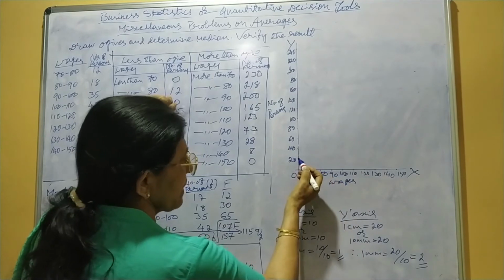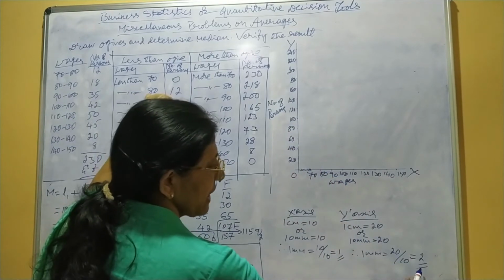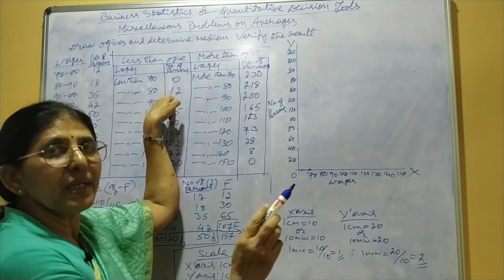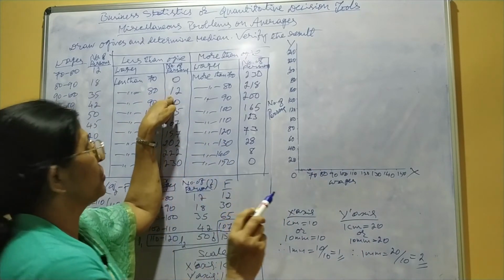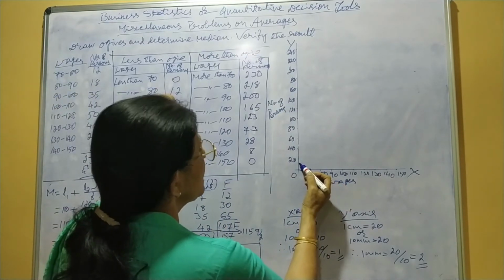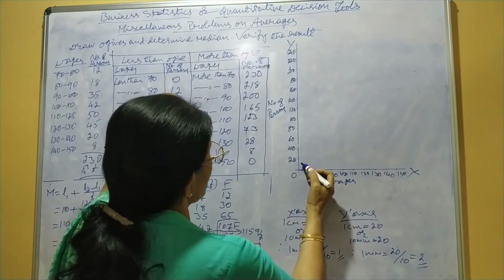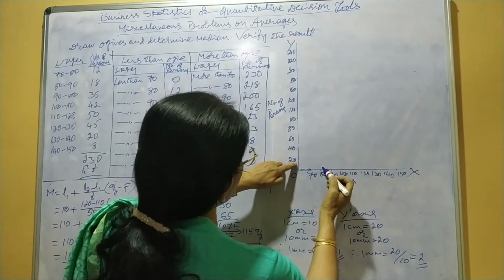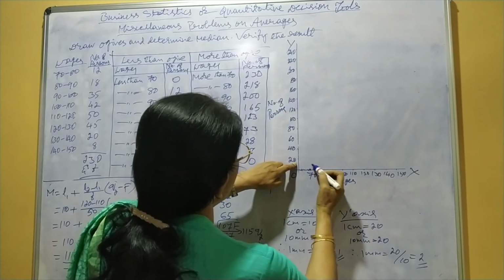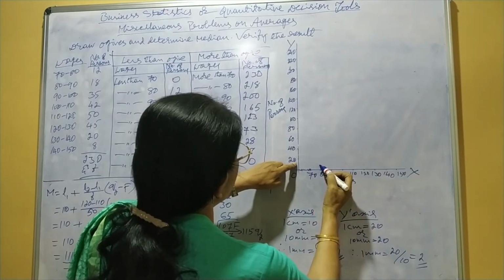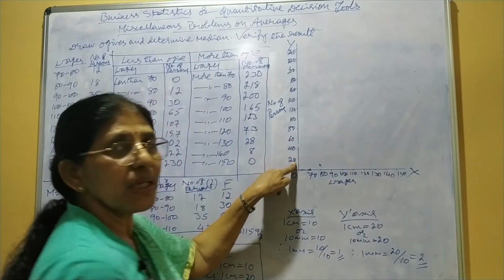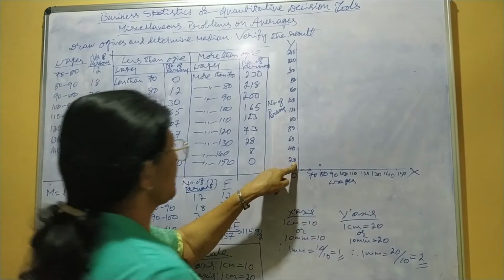Scale is 20, and we have calculated in case of y-axis, each millimeter measures 2. 12 means how many millimeters from x-axis we have to take? 6 millimeters. Here corresponding to 80 from x-axis, count 6 millimeters. I am taking approximately, on the graph you have to take exactly 6 millimeters.